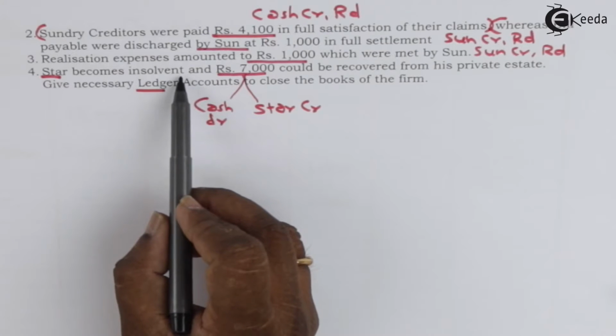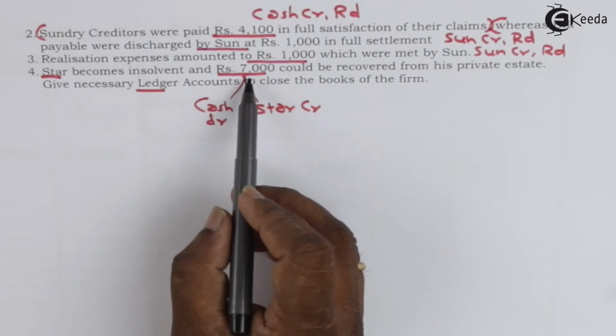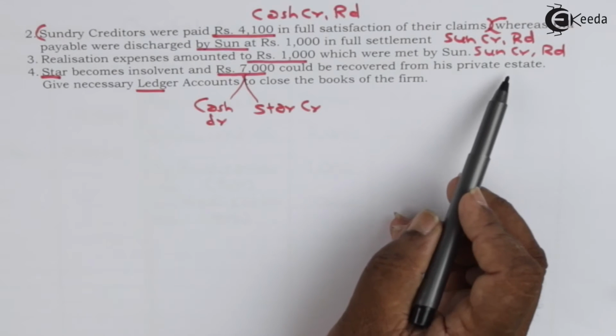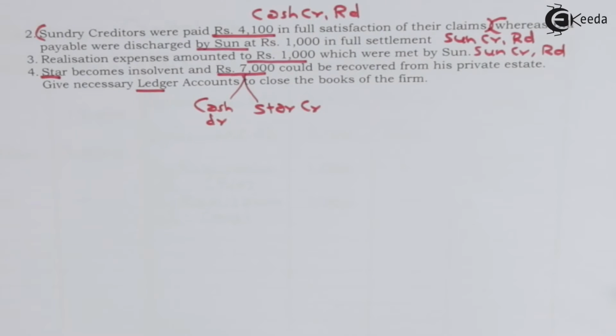Star becomes insolvent and rupees 7,000 could be recovered from his private estate. This is the amount received from the private estate of Star in court proceedings of insolvency. Amount is received, so cash account will be debited and Star's capital account will be credited.